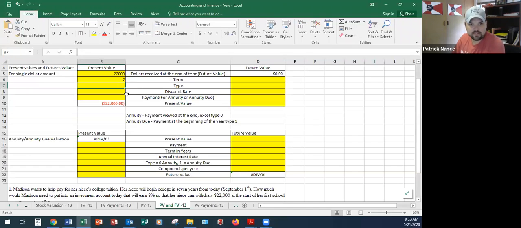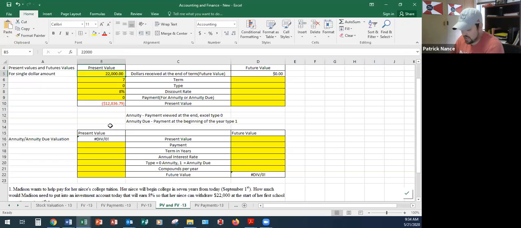The type says it's paid at the beginning. The discount rate is 8%, and there is no payment because it doesn't ask if I'm making multiple payments in the time frame like an annuity or an annuity due, which is a single amount.